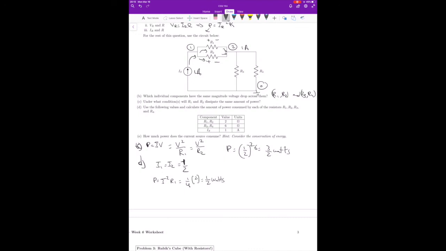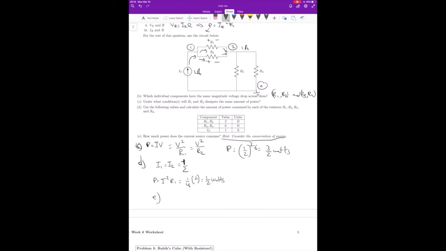Lastly, we're going to get how much power does the current source consume. And so here they say, hint, consider the conservation of energy. And so what we can notice here is that the current source is the one that's generating the power, and all the other components are using this power. And so what conservation of energy tells us is that no energy is created or lost.